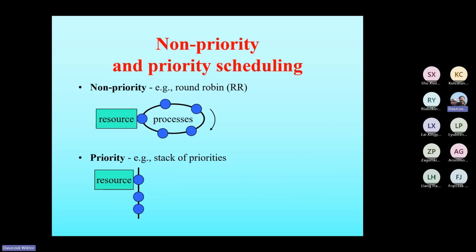These are not rules, but algorithms, some typical algorithms used in operating systems for non-priority and priority scheduling. Non-priority, the algorithm of round robin is typical non-priority scheduling. We give the resource to the process.